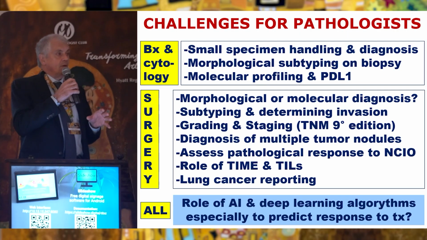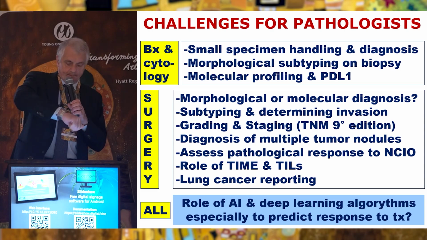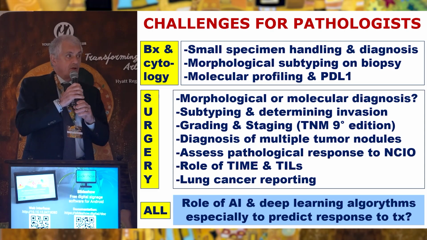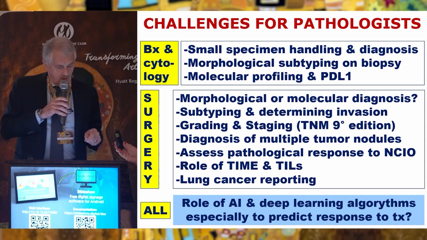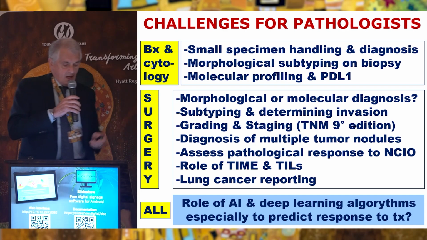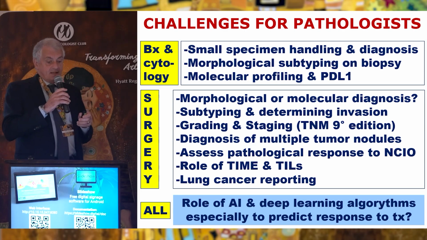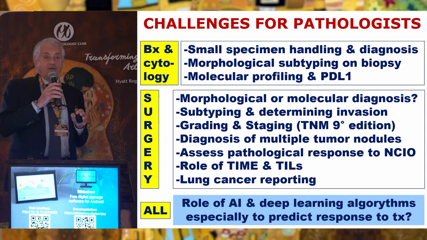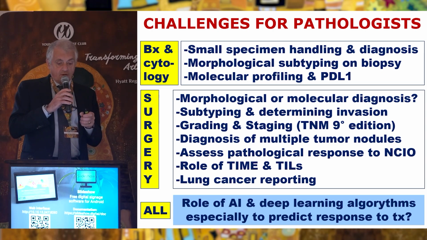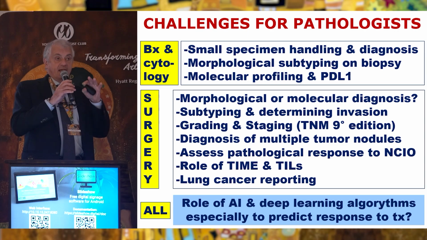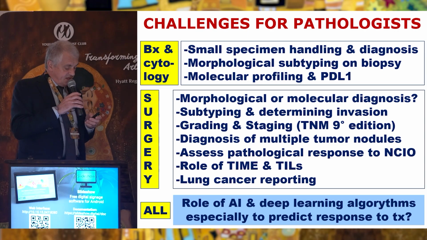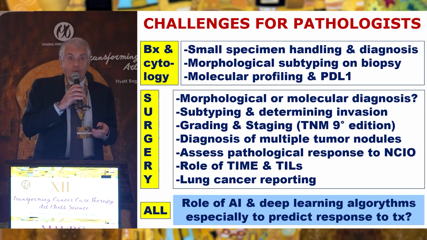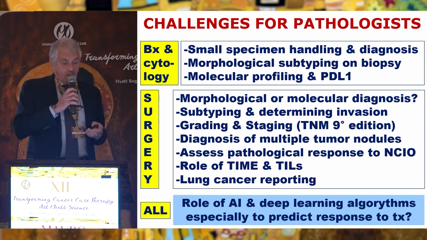The topic now will slightly change because I'm a pathologist, and therefore I will shortly address some challenges for our pathological diagnosis of cancer, sticking on the topic of lung carcinoma. This is the list of issues which we daily face in our work.